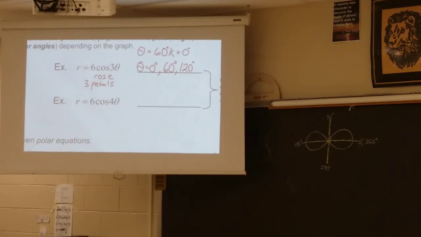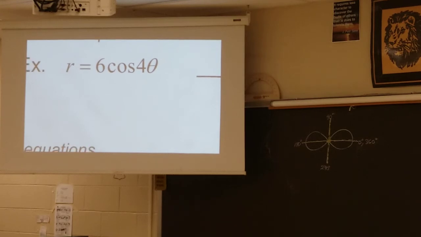Let's do one more. 6 cosine of 4 theta. Now, I'm sure you're going to type this in, but maybe just think with me for a moment. This is still going to be a rose because it's got that 4 theta. And because 4 is even, remember, we shouldn't be surprised to see 8 petals.